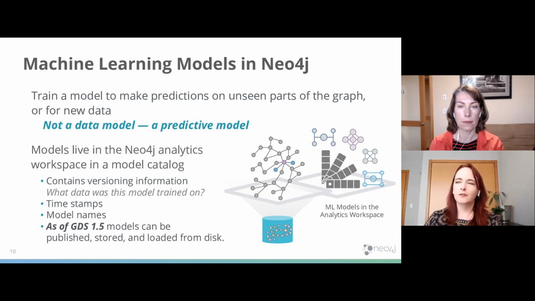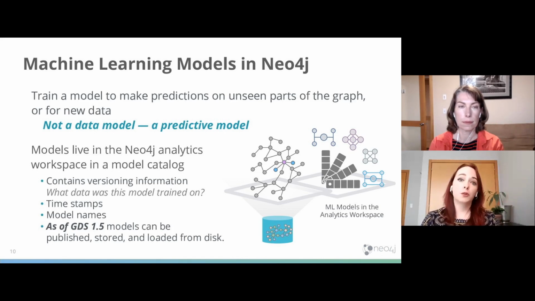So sometimes if you've attended a lot of Neo4j stuff before, you'll hear us talking about data modeling when we mean schemas. What these models are, are predictive models. They live in a model catalog inside Neo4j. That model catalog contains versioning information about each model. What data was this model trained on? What type of model is it? Who created it? It's got timestamps, it's got model names.